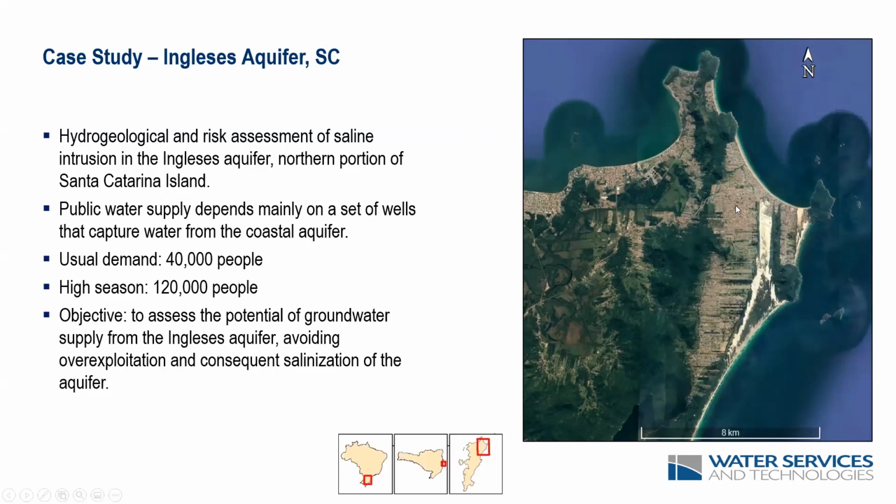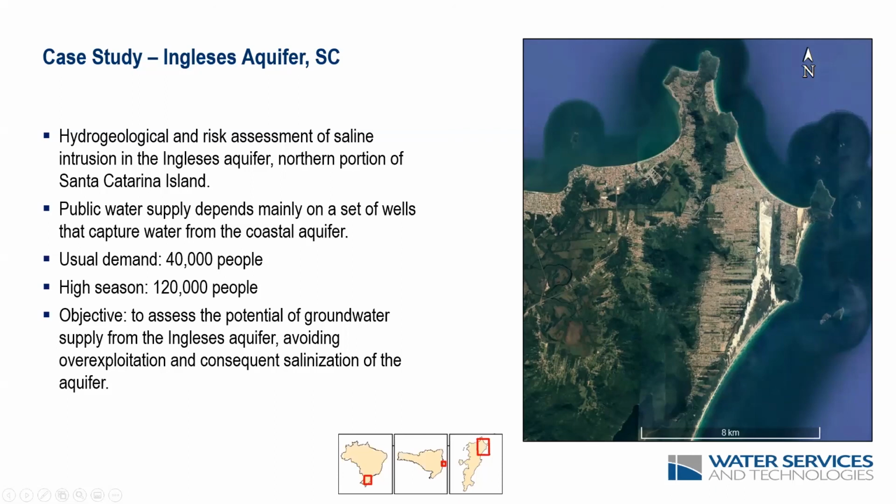So what happens here is public water supply is based on abstraction wells, and this public water supply usually meets the requirements of a population of about 40,000 people. But then during high season in the summer, this can increase up to 100,000, 120,000 people, 3 times.